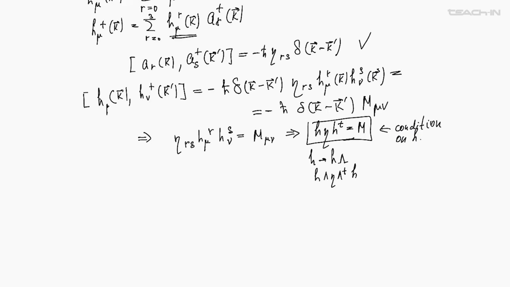And so you will get H eta H transpose equals M. This is a freedom in the solution. An arbitrary Lorentz transformation can rotate H and nothing will be changed.